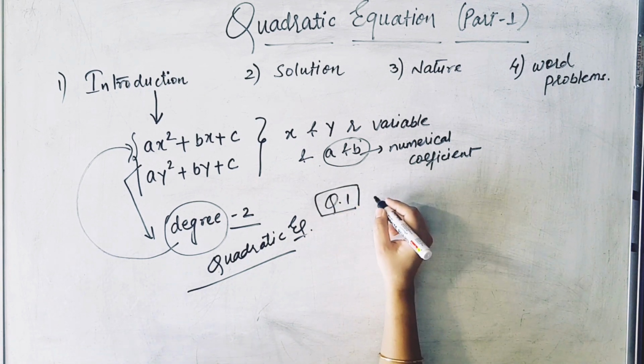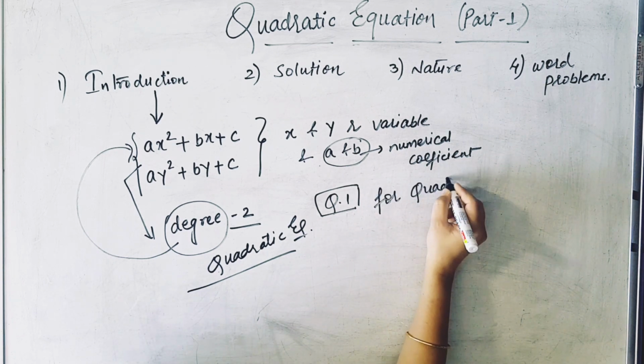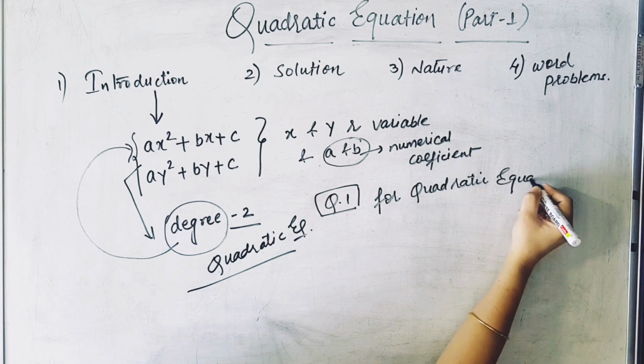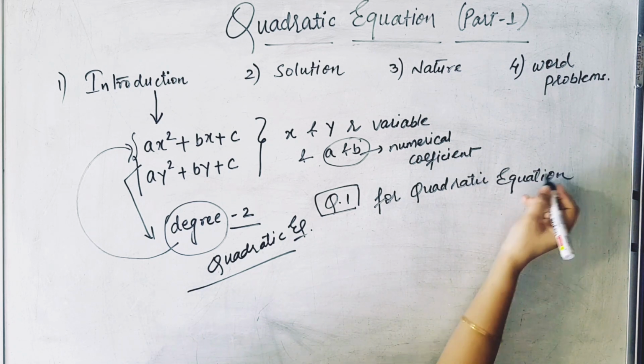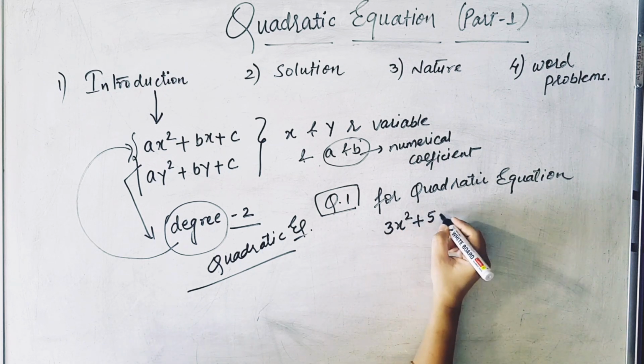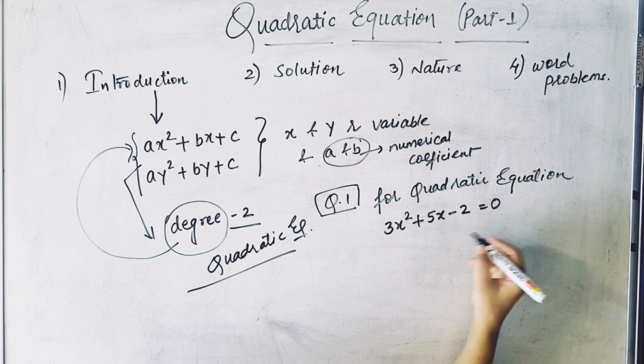Question is what? For a quadratic equation, the equation is 3x square plus 5x minus 2 equals 0.